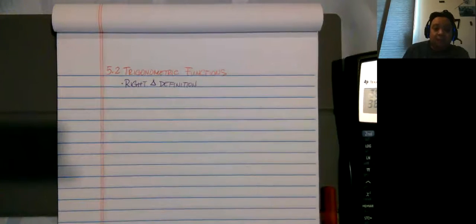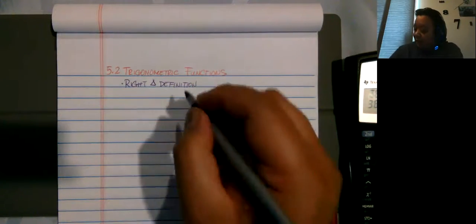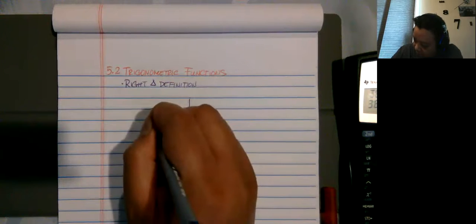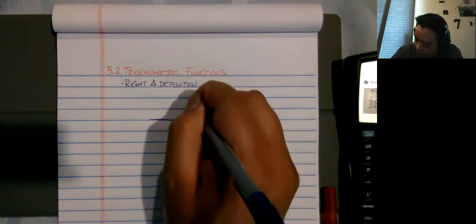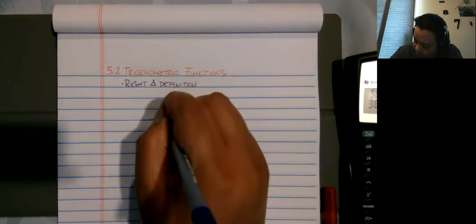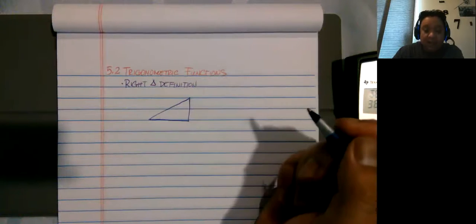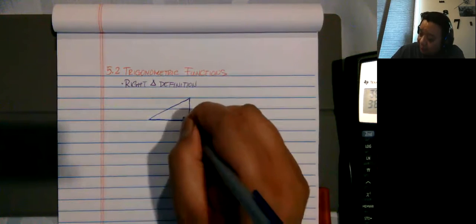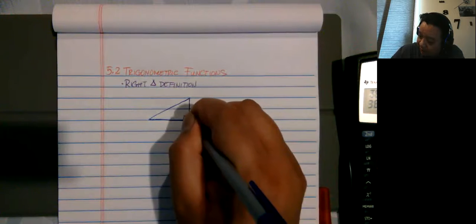Okay. So obviously we need a right triangle. So let's draw a right triangle right now. You obviously have to specify which one is your right angle. So this is my right angle.